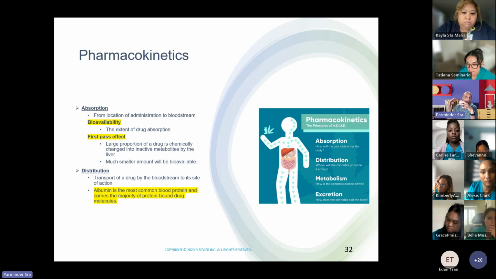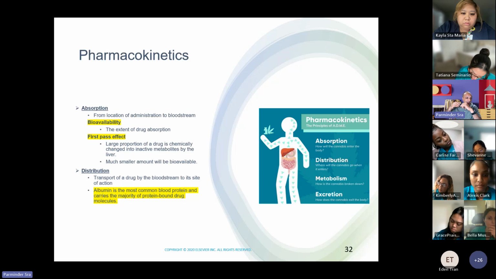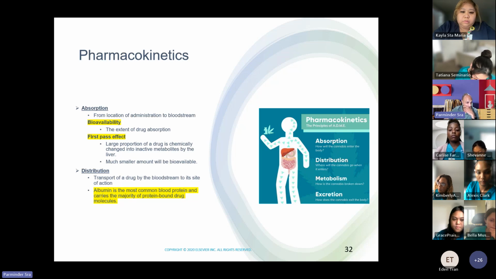Number three, because they're bound, it takes time for them to break that bond and get excreted from the body. So the duration of action, whatever the drug is meant for, is longer. It may not be strong, but it lasts longer. Got it?